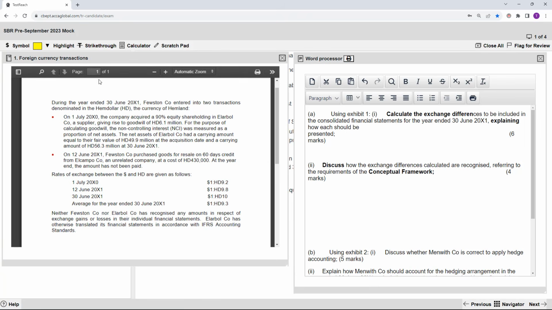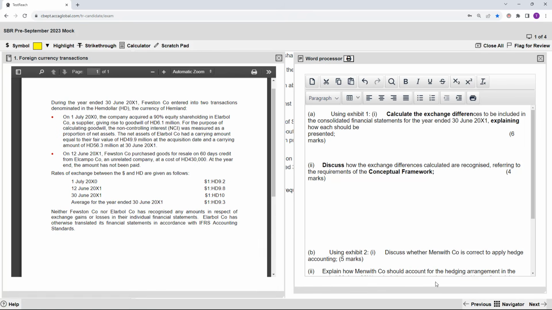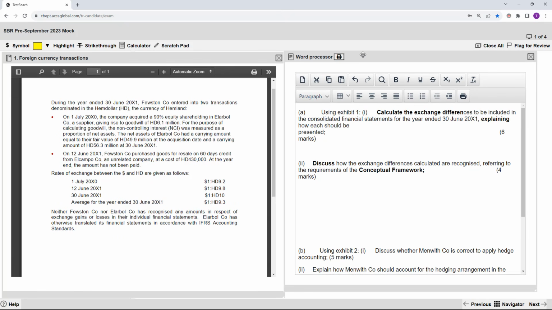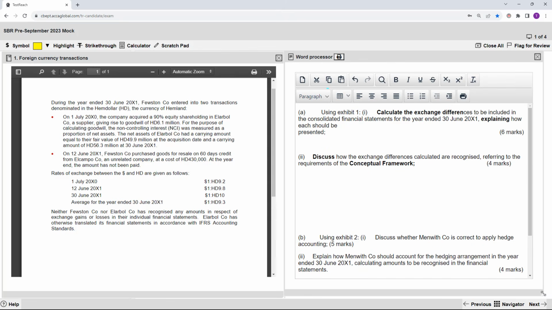So let's have a look at exhibit 1. Let's see what we are being asked to do in exhibit 1. Exhibit 1 tells us quite a few things. We've entered into 2 transactions that have been denominated in a foreign currency.